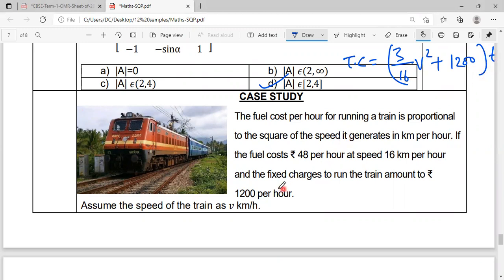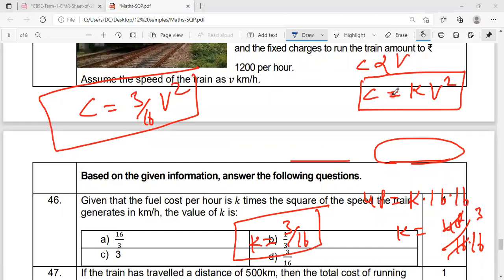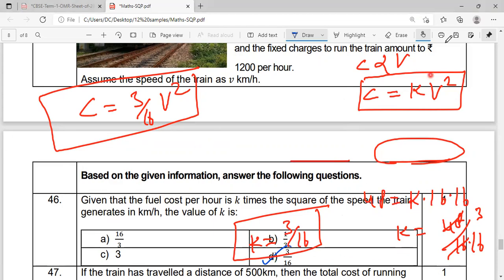Now let's see what the questions are. Given that the fuel cost per hour is K times the square of the speed of the train in kilometer per hour, find K. That we have done already. When C is equal to K V square, we substitute the value and we get K is equal to 3 by 16. So the answer D is the right answer.